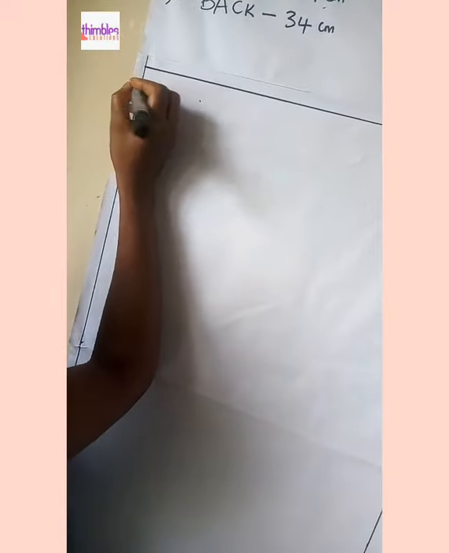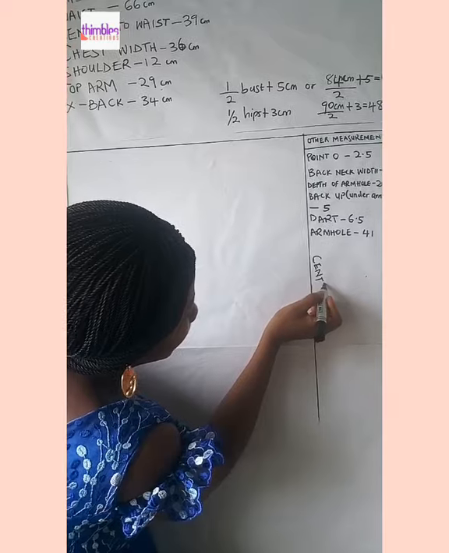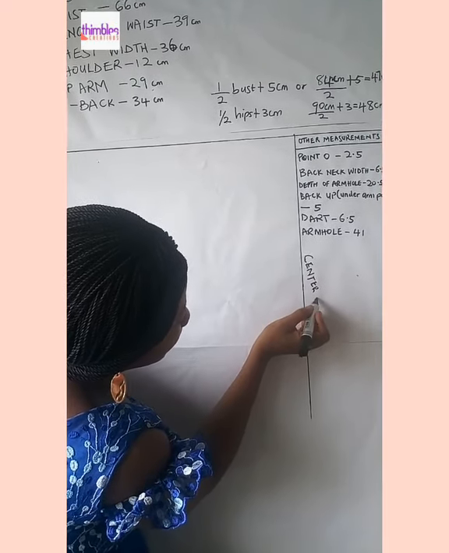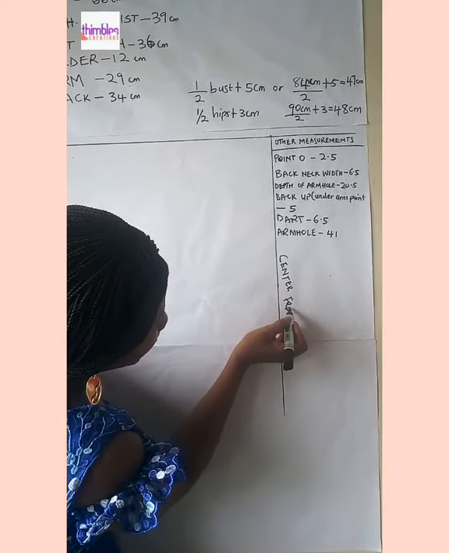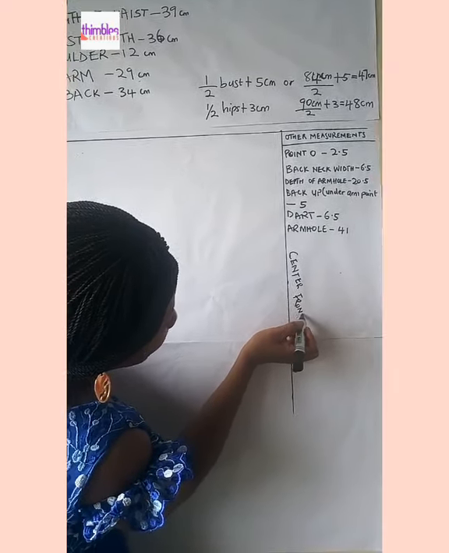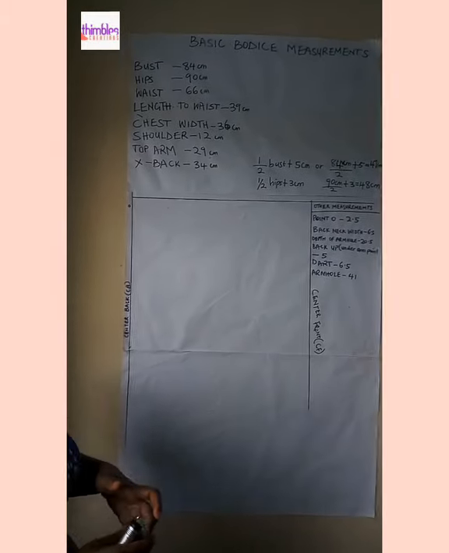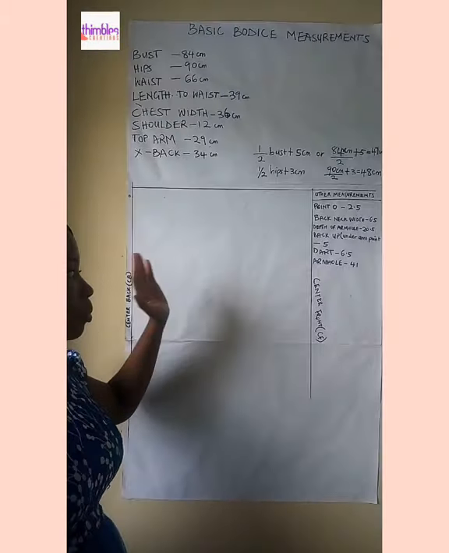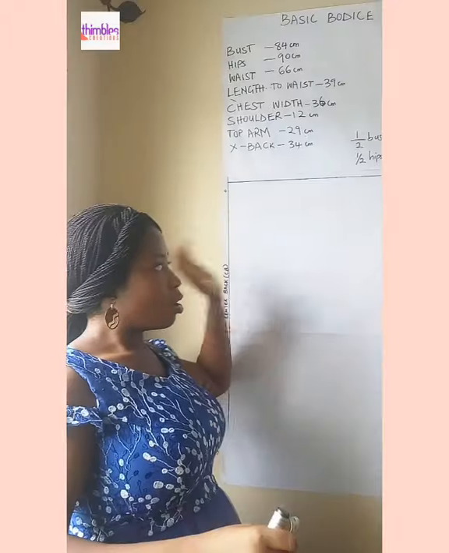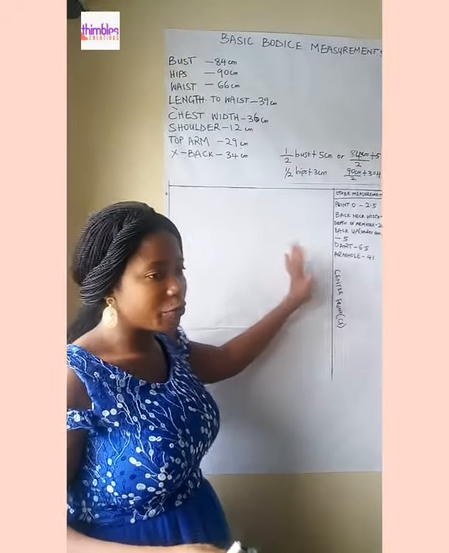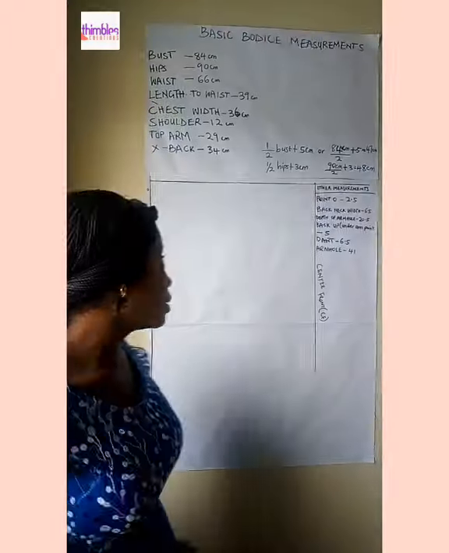On the right hand side of your pattern is your center front, also known as CF. In your pattern, your back side is always on the left hand side, while your front side is always on your right hand side.